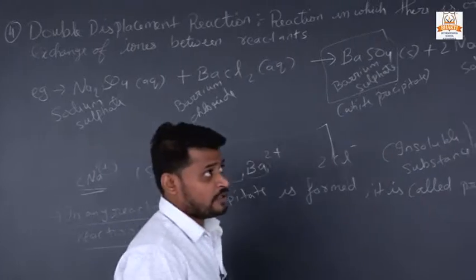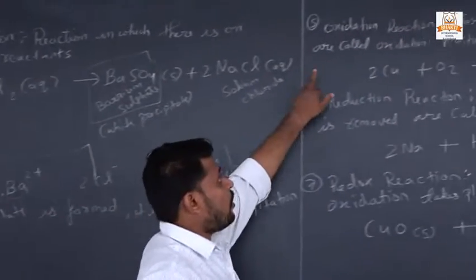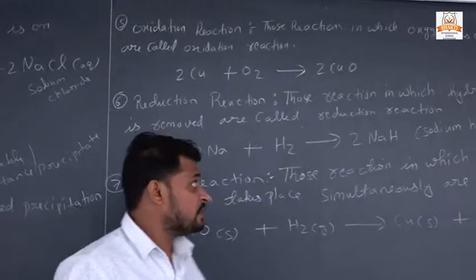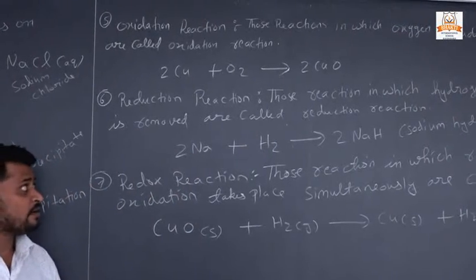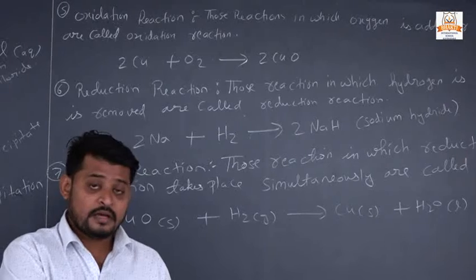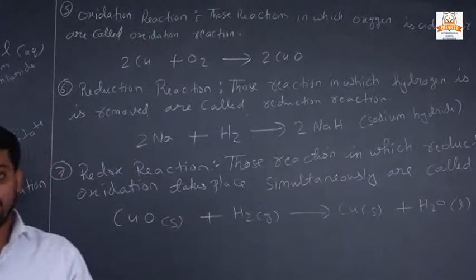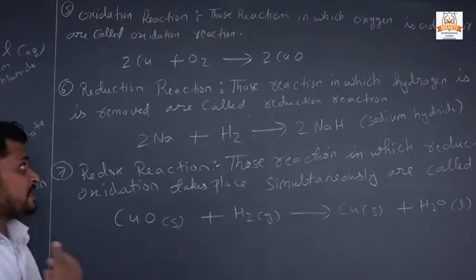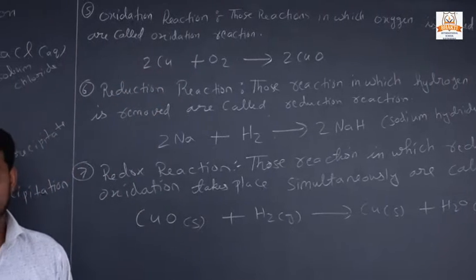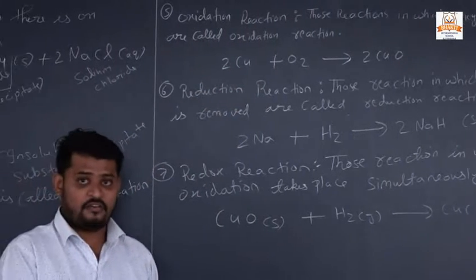Now we go to the next reaction, the oxidation reaction. What is an oxidation reaction? In this reaction, oxygen is added or hydrogen is removed. There are two definitions of oxidation.